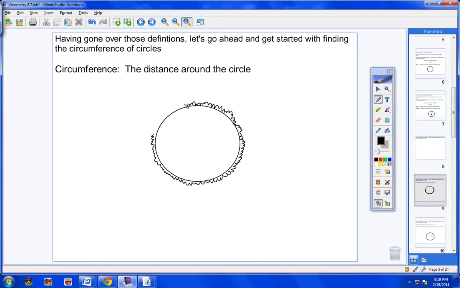So you would know how much fencing to buy. That's what circumference is. It's the distance around the pool. Okay? Now let's continue on.